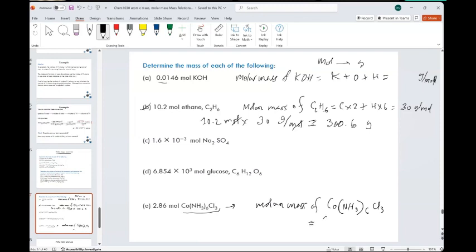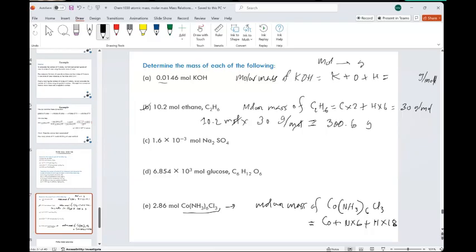You write Co plus, because one Co, plus this 6 over NH3, so N times 6 plus H times 6 times 3, 18. H times 18.